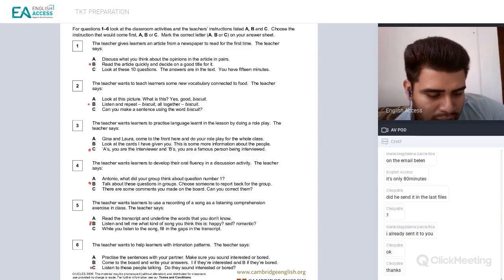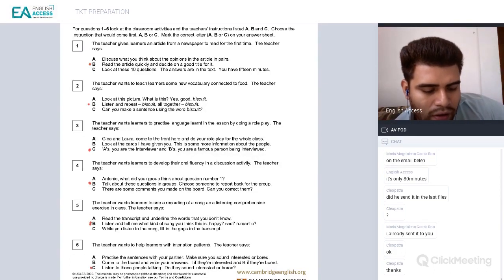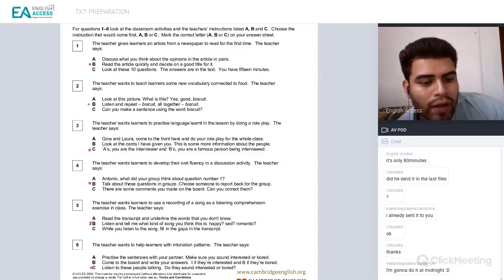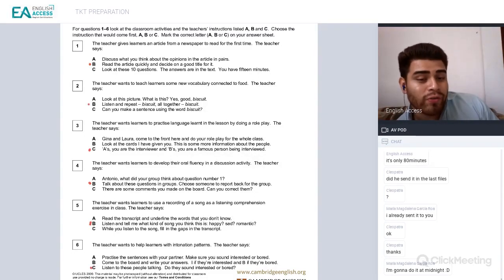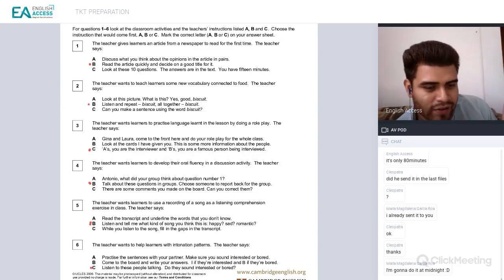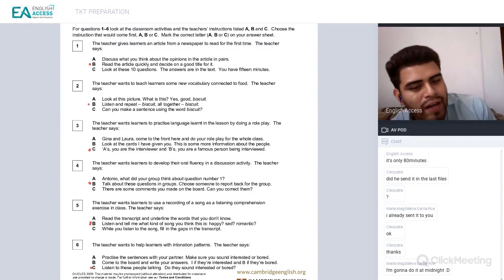Now, if you finish the test, that's good. If you have extra time, it's a good idea to use your notes to check your answers. This is not the real test. You can use your notes, but just to measure where you are at, first do it without the notes, and then if you have time, check it with your own notes.